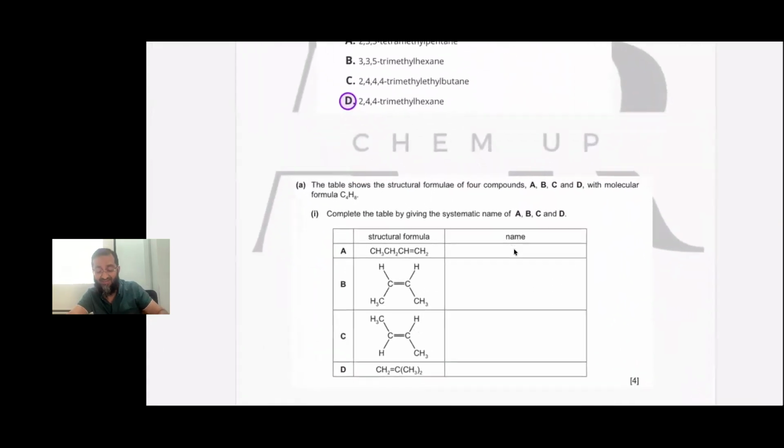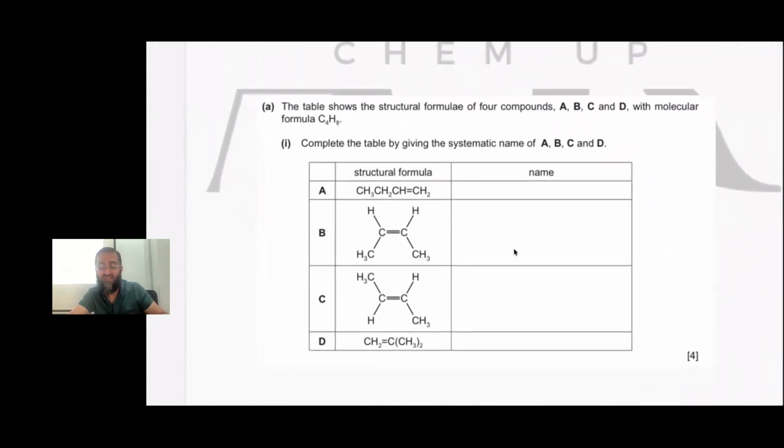See, this is a past paper question for the IUPAC naming. But they usually give the easy questions. So if you see the first one, this is carbon 1, carbon 2, carbon 3, carbon 4.